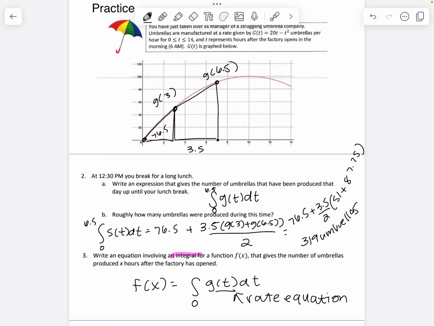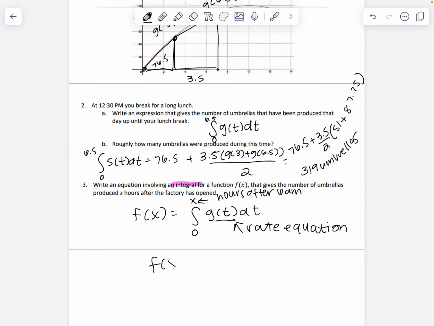And then right here is going to be x, and this is going to stand for hours after 6 a.m. And if you wanted to go even further than that, I'm going to write it down here. We technically know the equation for g of t this time. We know the equation for g of t is 20t minus t squared dt. And that would honestly be an even more exact answer.